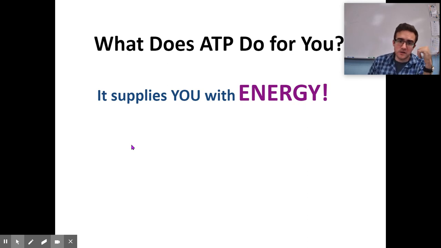For you to walk, it requires energy. Every part of every day, we're using energy, and that energy is from ATP. So when we say what does it do for you, we're not underestimating when we say it does everything for you. Because without ATP, we wouldn't even be alive. We need energy at every step of the way, from the moment we're born to the moment we die. It does everything for you.